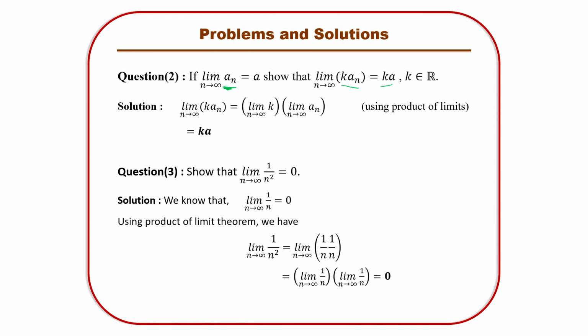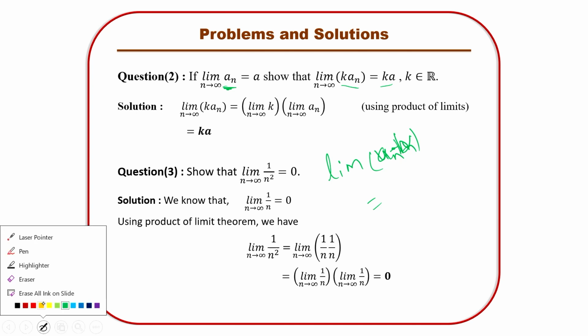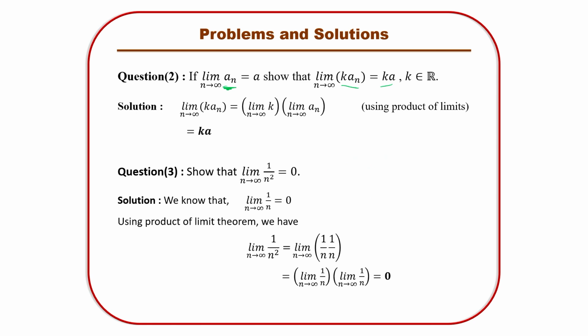What we have already learned in algebra of limits: the limit of a_n into b_n, the product of the two, is equal to the limit of a_n into the limit of b_n.